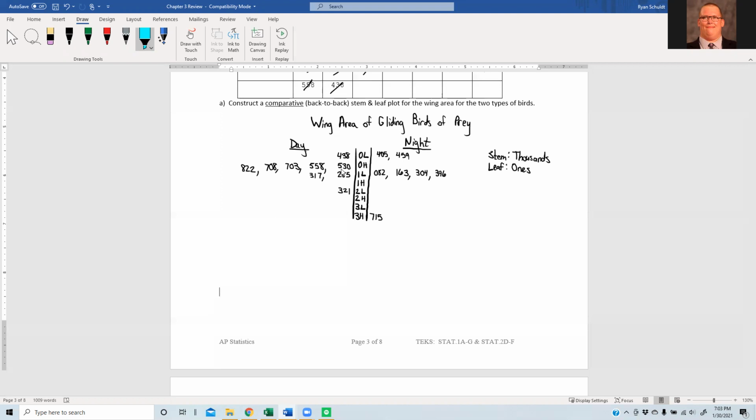Now, I don't have as many observations for the night hunters, but I mean, my gosh, look. I could almost come in and draw a line here. And the majority of the day hunters, yeah, they would be smaller than the majority of the night hunters. So yes, it does support our statement.